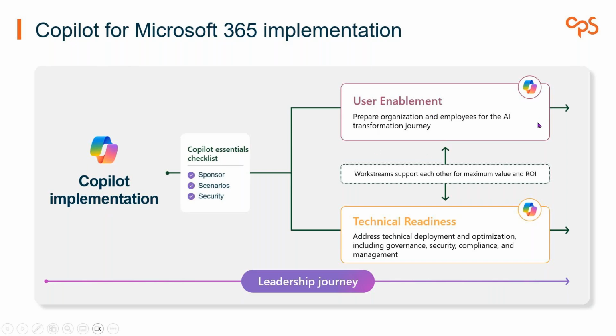Believe it or not, using Copilot for Microsoft 365, a lot of it is adoption and change management. We have worked with organizations who have turned on Copilot and asked people to use it, and that's it. And that failed because it is a brand new way of working. It is not a search bar. It's not a button that you click and it does something.